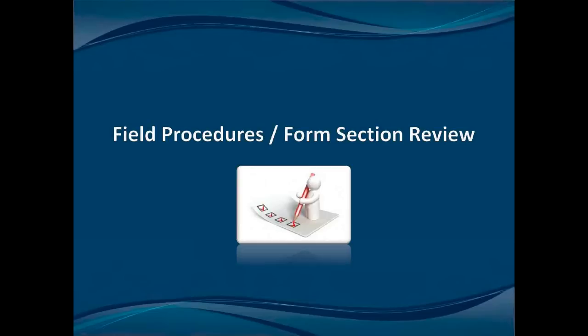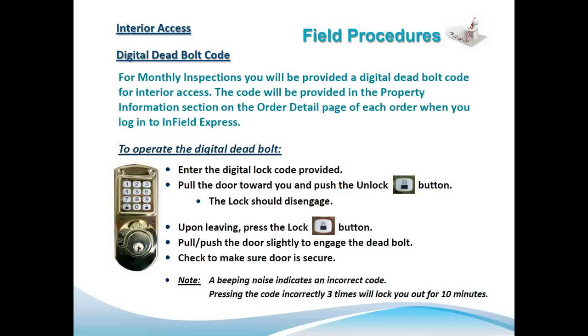Field procedures and form section review. For monthly inspections, all vendors will be required to enter the interior of a property. A digital deadbolt code will be provided for interior access. It will be provided in the property information section on the order detail page of each order when you log into Infield Express.